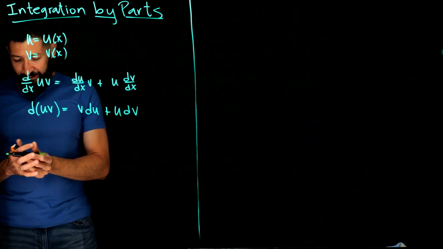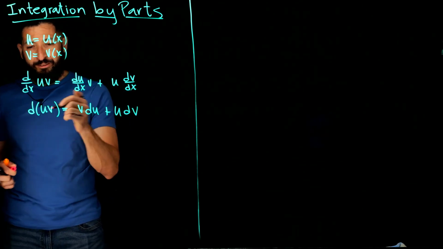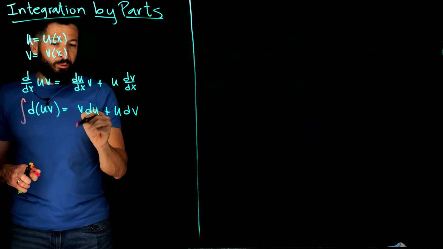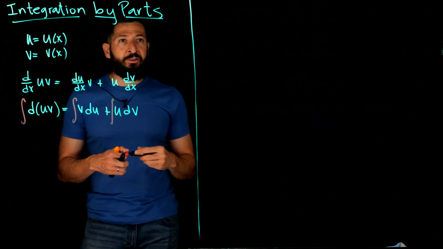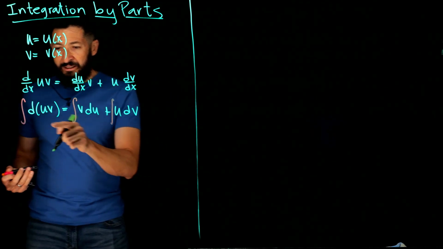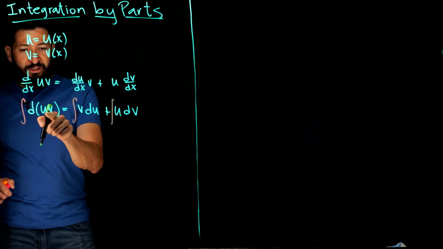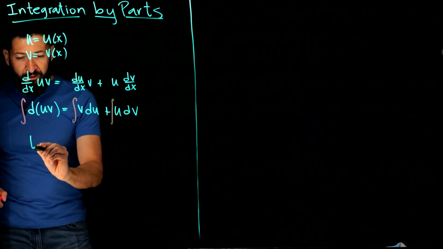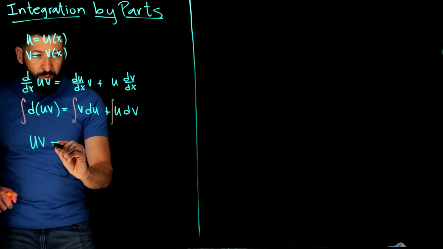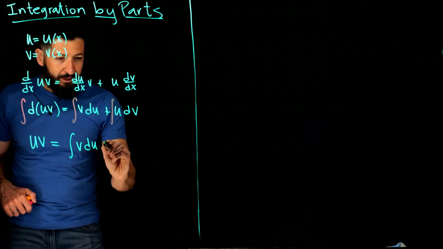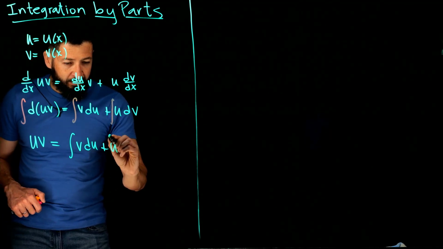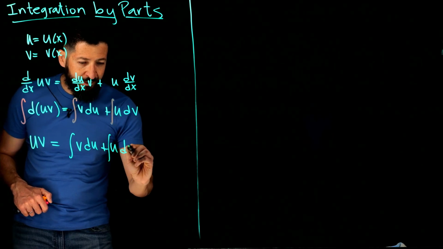And when I integrate on both sides, I can remember that the integral of a sum is the sum of the integrals, and I get that this one right here, I'm just integrating the differential, so I just get u times v is going to be the integral of v du plus the integral of u dv.